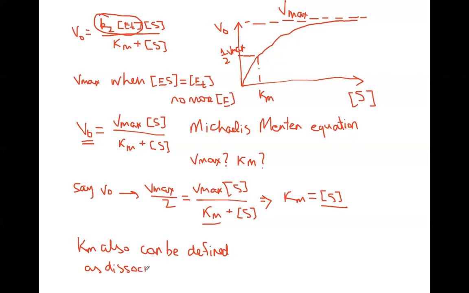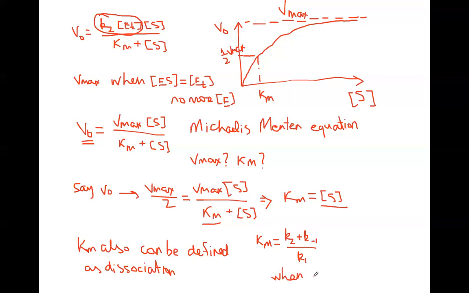Dissociation of the substrate from the enzyme. Let's look at this. So we had this expression for Km. Km was equal to K2 plus K negative 1 over K1.